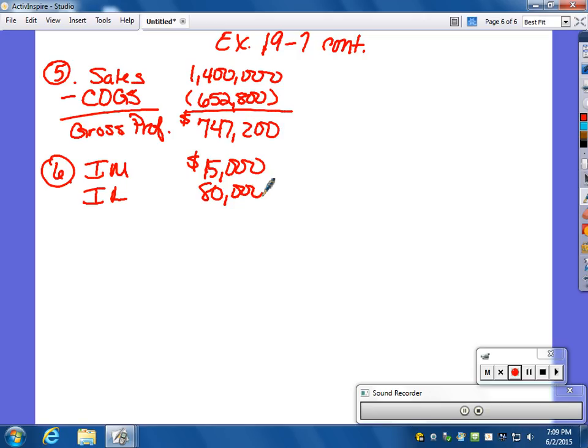What's next? Other overhead, 120,000. Okay, let me do the calculation. 15 plus 80 plus 120, that's 215.